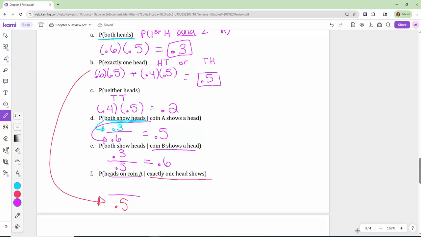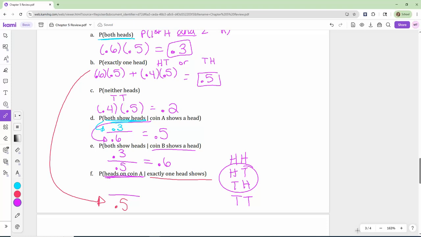I already know there was only one heads, right? So this one is a little bit trickier. I can't just do the normal probability of a heads on A because I already know there's only one heads. Okay, so it's only those two options.